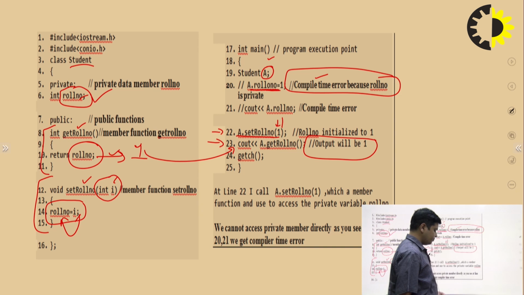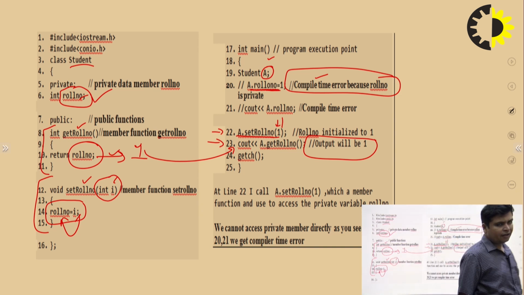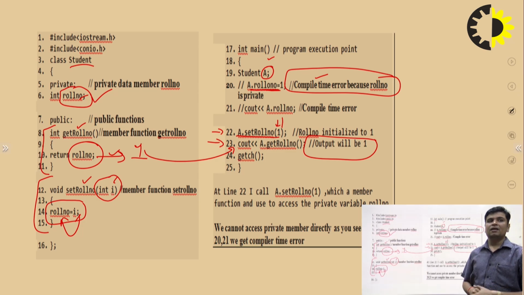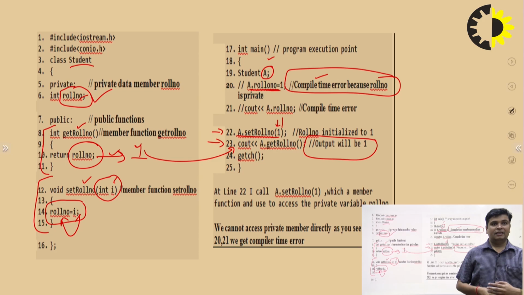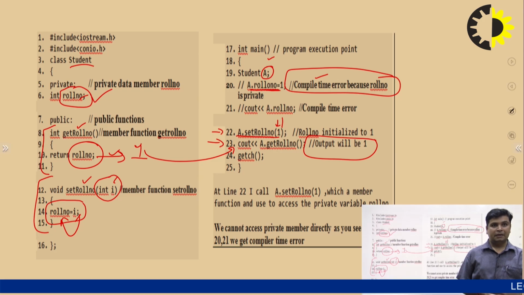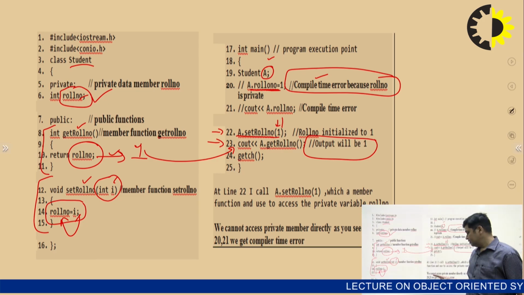So you will see here how we can access the private member of a particular class: with the help of a member function of the class.